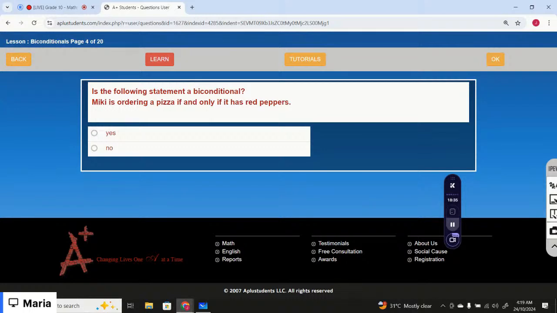Is the following statement a biconditional? Mickey is ordering a pizza if and only if it has a red pepper.